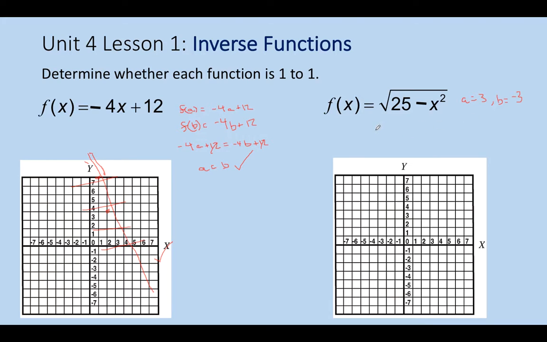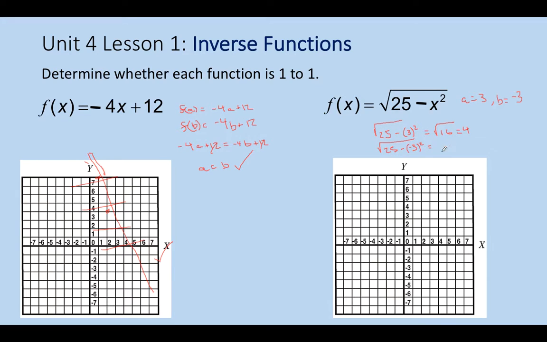But then I go ahead and plug these things both in. So I've got the radical of 25 minus, we'll do it with a first, 3 squared. Well, that turns out to be the square root of 25 minus 9, which would be 16, which would be 4. And then I'll try it with negative 3. I've got the square root of 25 minus negative 3 squared.